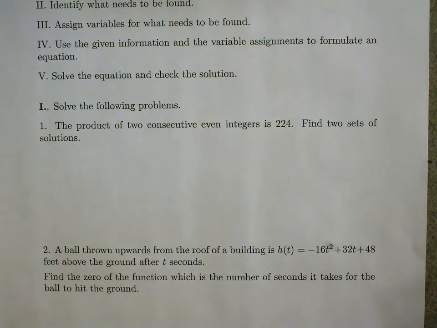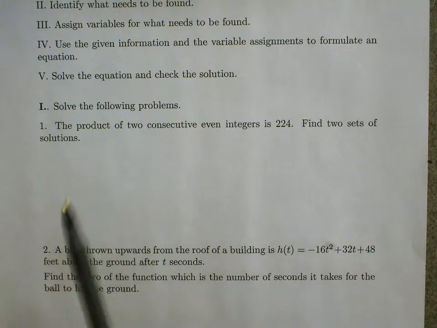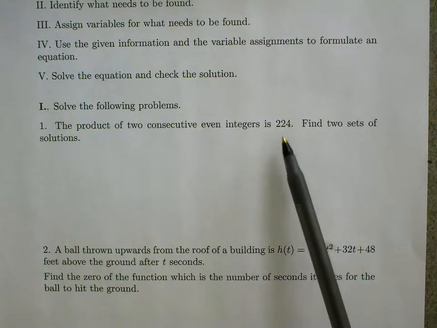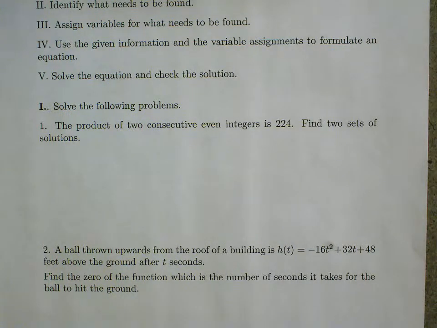But do you have a suggestion for how to represent two consecutive even integers algebraically? Since we don't know what those two integers are yet that have a product of 224, it would help if we could represent them algebraically using a variable.